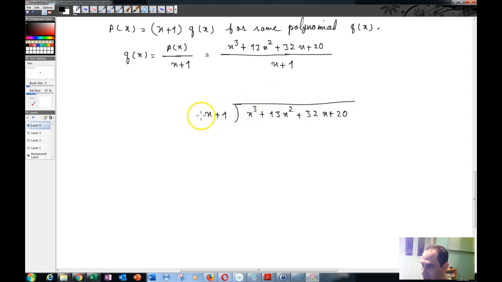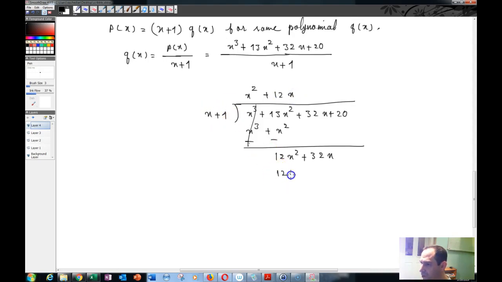So then x cubed divided by x is equal to x squared, times x plus 1 is equal to x cubed plus x squared, and the two cancel out. 13x squared minus x squared is equal to 12x squared plus 32x. 12x squared divided by x is equal to 12x.